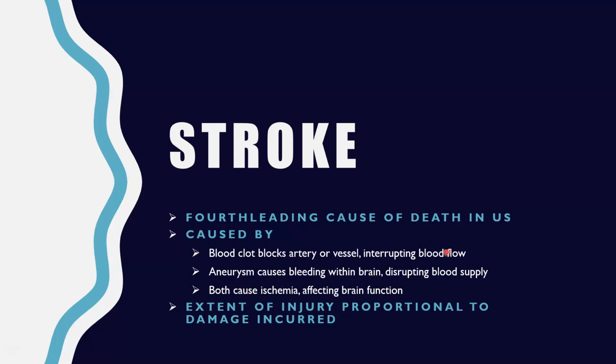So we get a situation where we have a decrease in blood flow to the brain, causing brain damage. And so the extent of the injury is going to be proportional to the amount and the length of time of the decrease in blood flow.